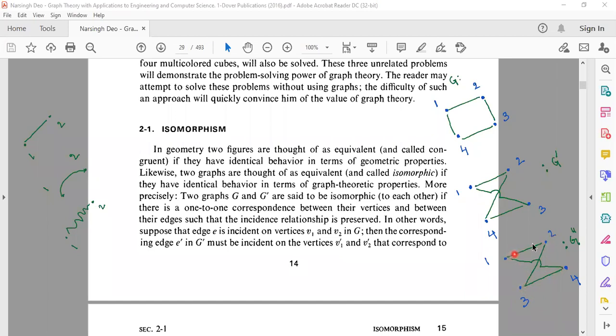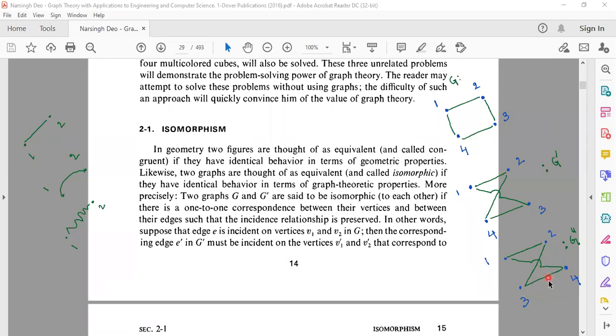And this connectivity 1, 2, 3, 4 will be retained. If I consider the figure G, you will see that 1 and 2 are connected. So 1, 2 and 1, 2 are connected. After this kind of rotation or distortion, 2 and 3 are connected. So 2 and 3 are connected. 3, 4 are connected.